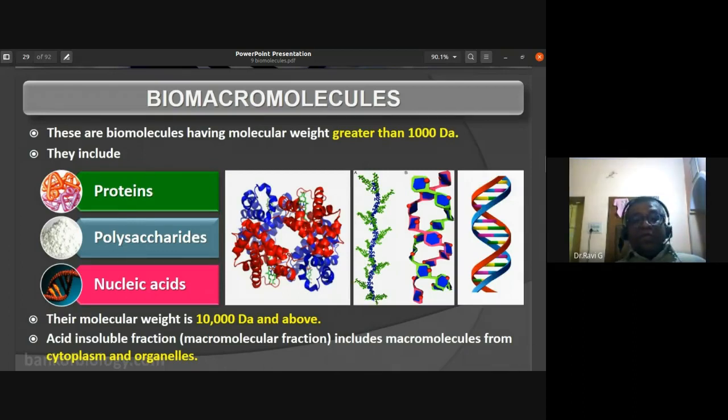Because they are acid insoluble fraction, we also call it the macromolecular fraction. They include macromolecules from cytoplasm and cell organelles: proteins, polysaccharides, and nucleic acids. We'll be studying these in the present class.